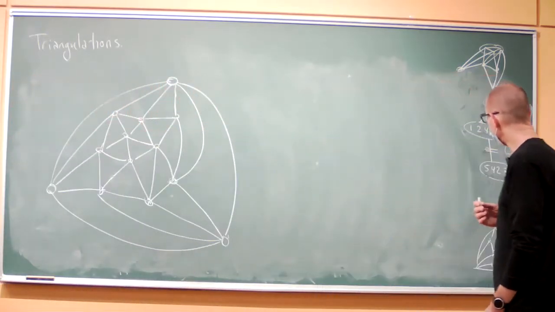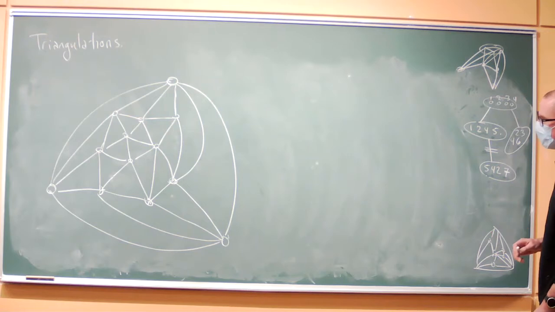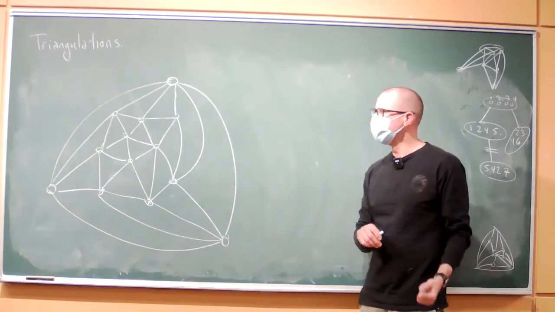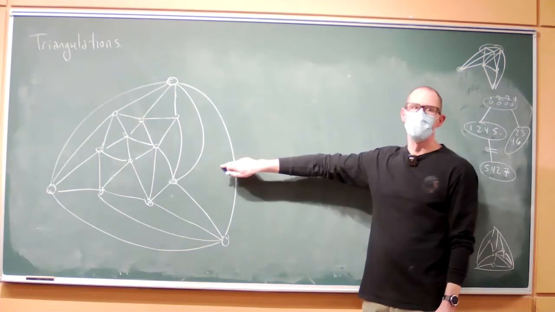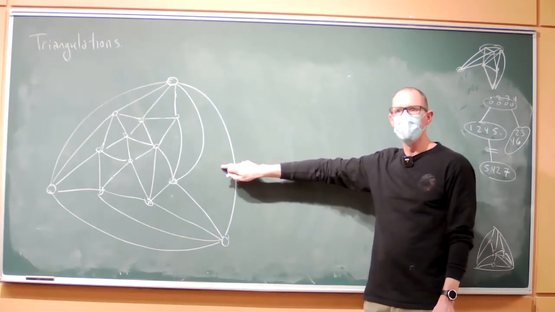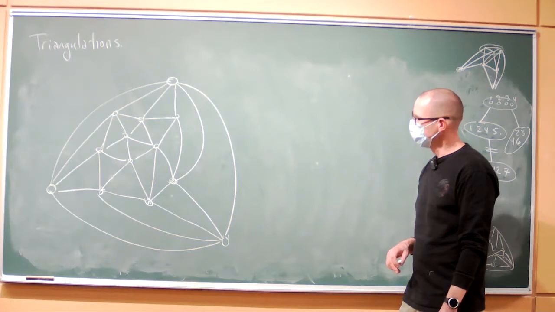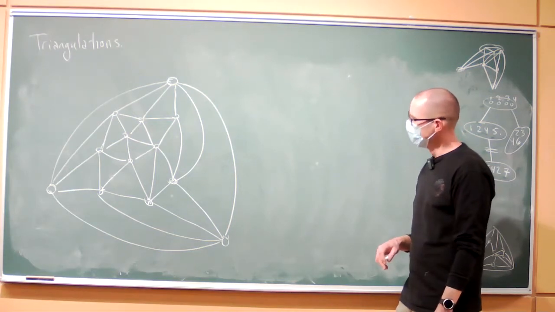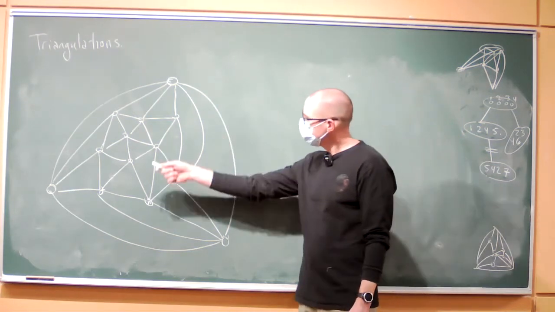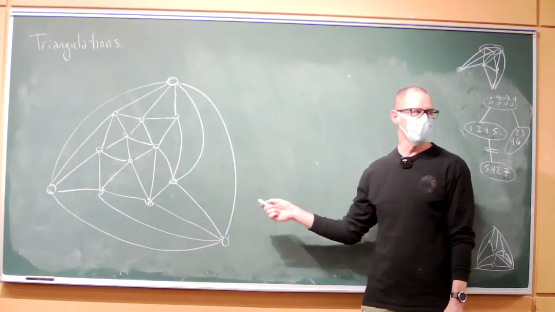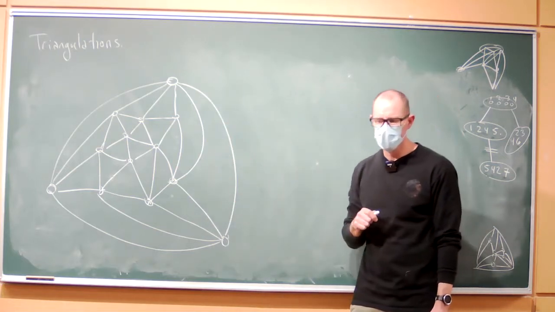And for these planar three trees, I said they have balanced separators of size 3. These things do not have balanced separators of size 3 in general. We saw that the best result possible is that if you want to split this into two parts that are about the same size, you might need root n vertices to do that.